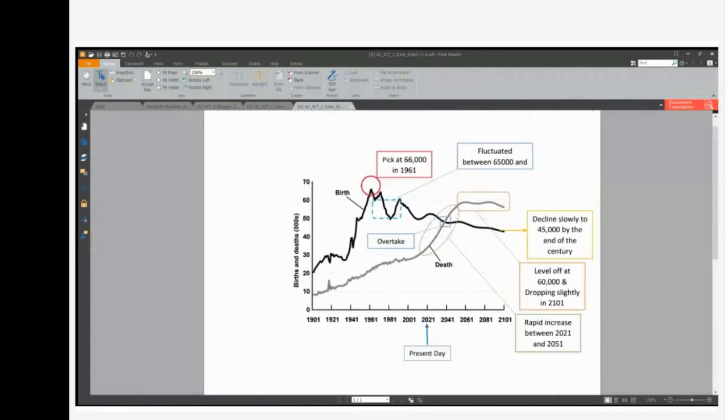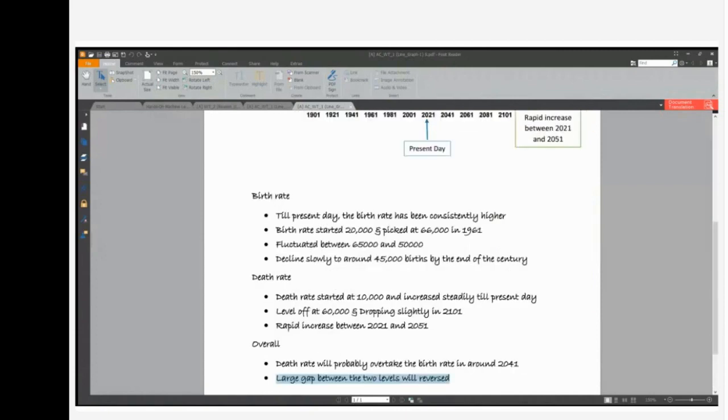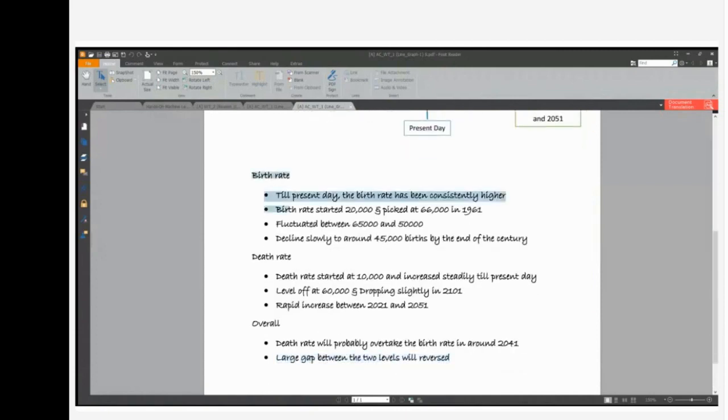So there is a large gap between death and birth numbers, which will be reversed after 2041 when death overtakes birth numbers. So I believe this is most of the things that we need to write in our report. Once we are done with the planning, then we can start writing the actual answer.